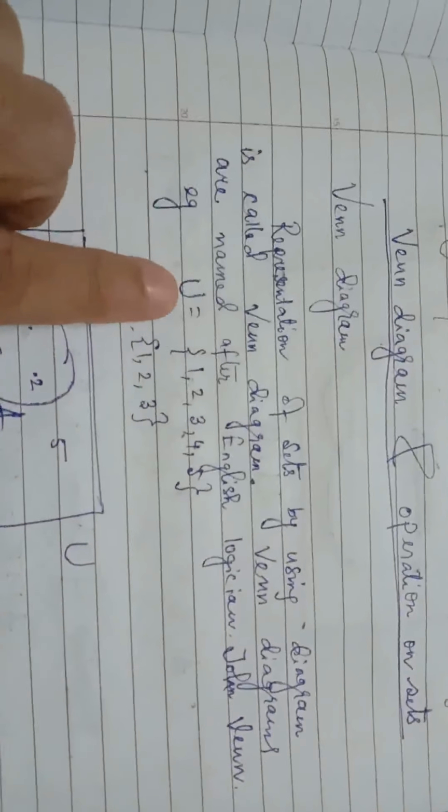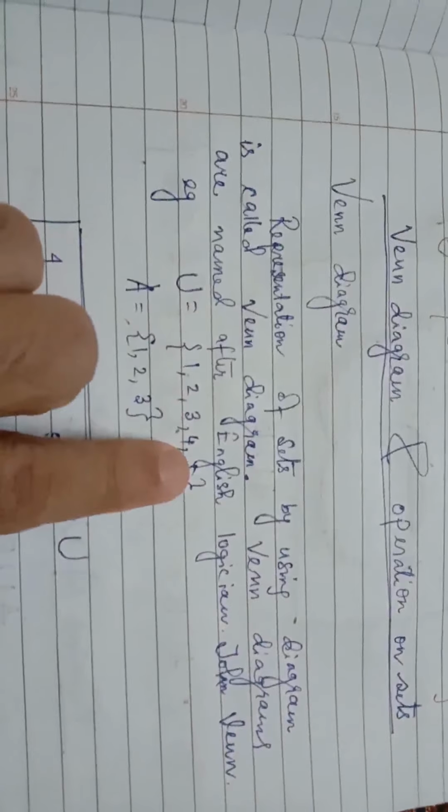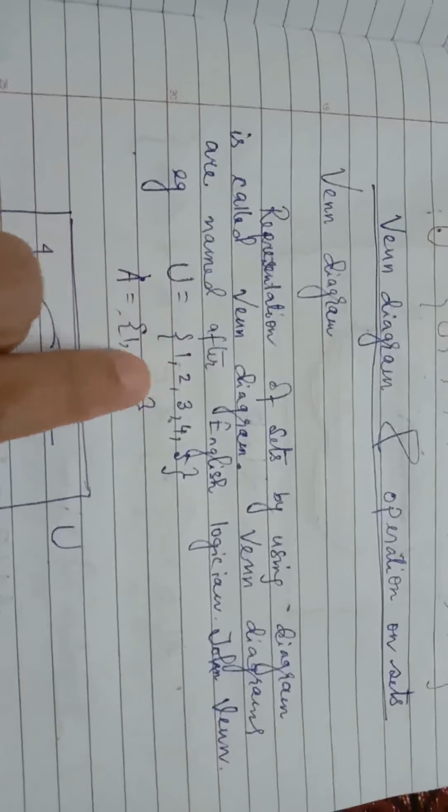Suppose U, the universal set, equals 1, 2, 3, 4, 5, and let A equal 1, 2, 3.